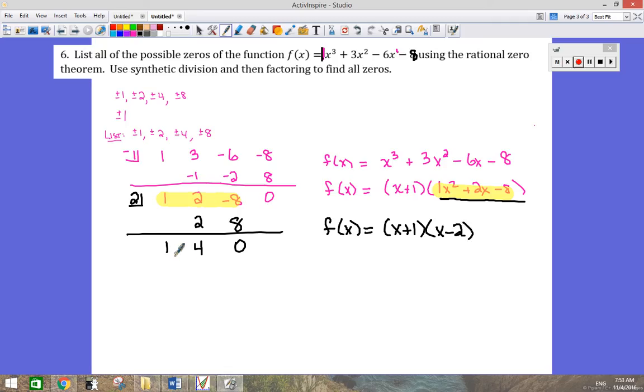And then here the 1 and 4 tells me this is the remainder, the constant term, the linear term, and that tells me 1x plus 4. So I get the same factors and therefore the same x-intercepts, the same zeros of this function. And I never did factor with any kind of x method or anything. I just used synthetic division twice.